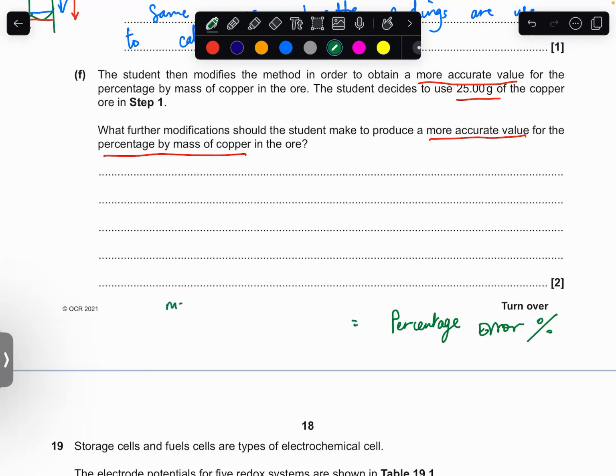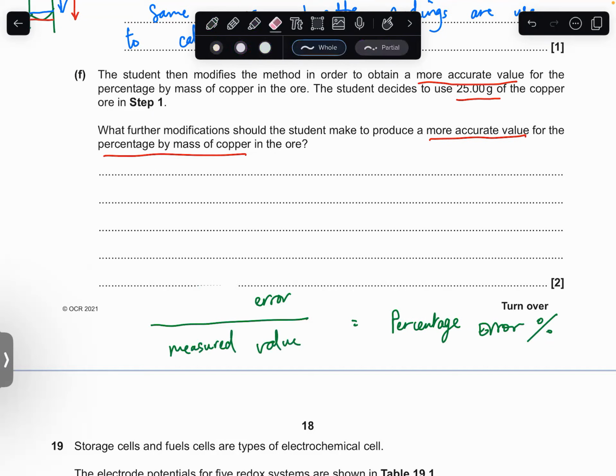It's usually maximum error, or measurement error, divided by the measured value, times by 100.